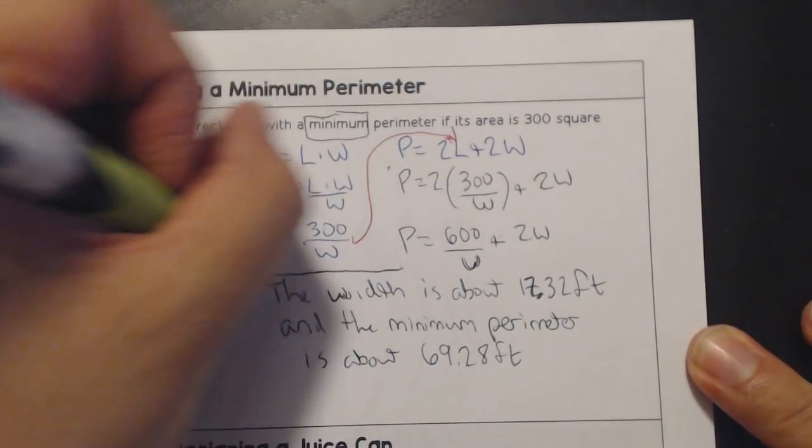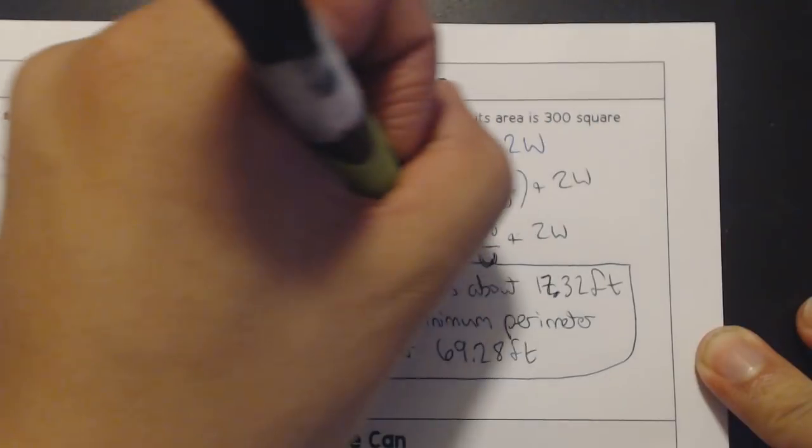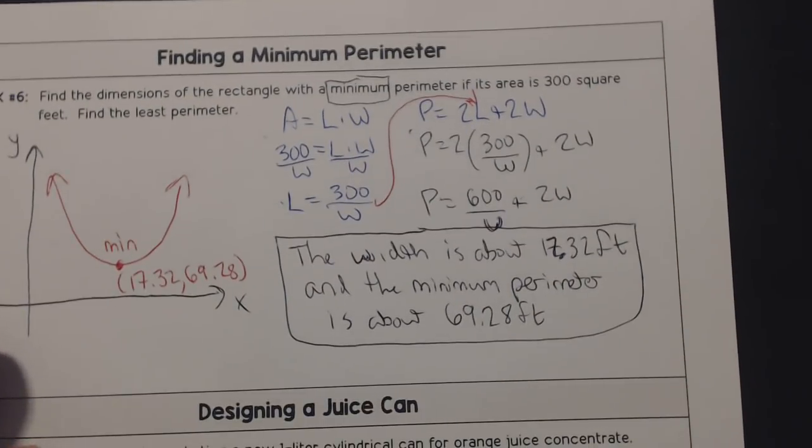I got that from my graph once I found the minimum of that parabola.